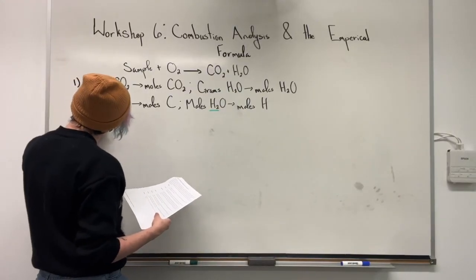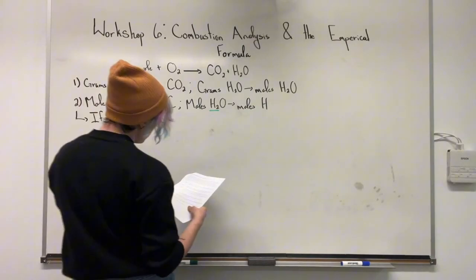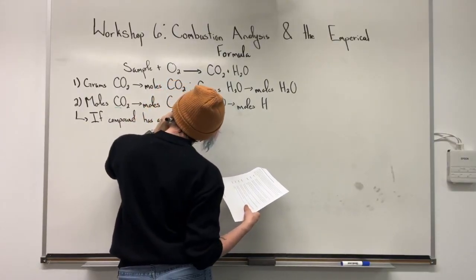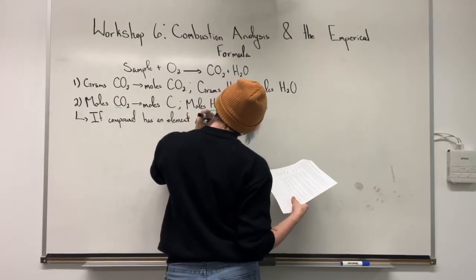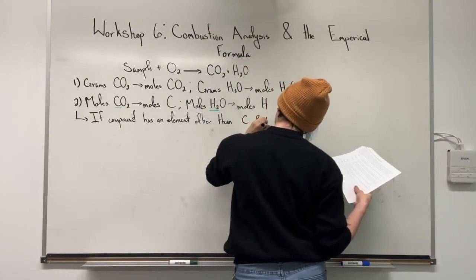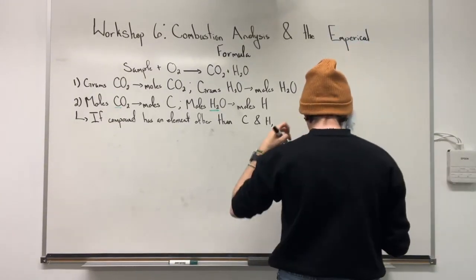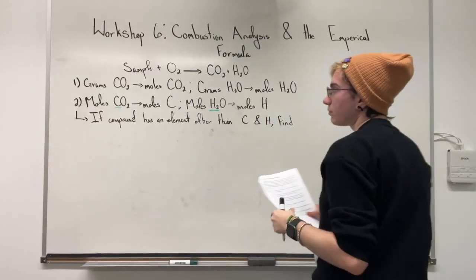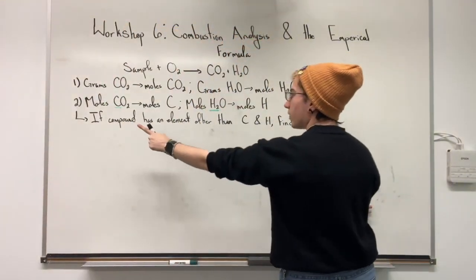If your compound has an element other than carbon and hydrogen, you're going to have to find the mass of this other element. And rather than writing it out, I'm going to use numbers instead. I feel like it makes it a little bit easier to understand what we are talking about.